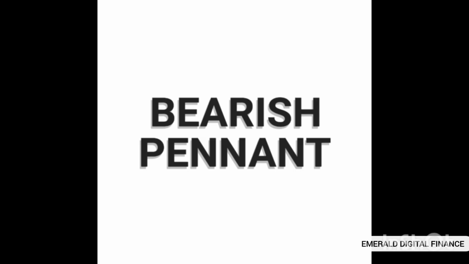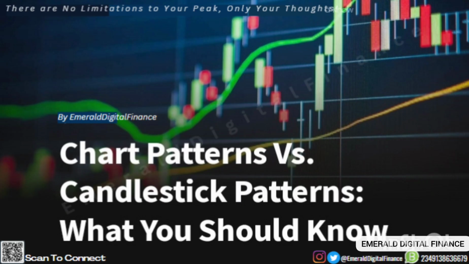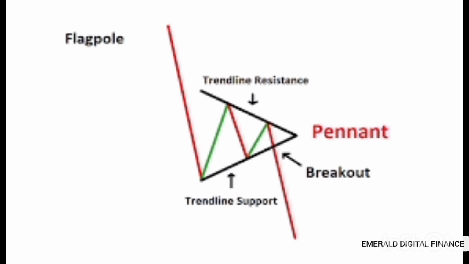All right, so let's analyze this pennant triangle here. The bearish pennant is a forex trading pattern that occurs after the price has plunged significantly. The pennant forms with the price moving in a triangle-like shape that narrows, like a triangle with a very narrow end.